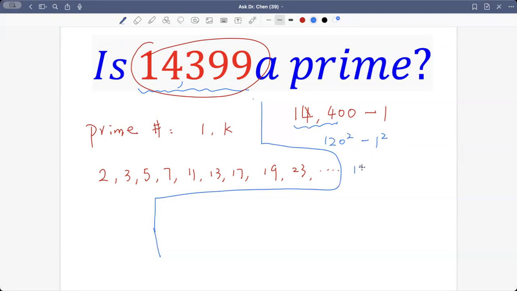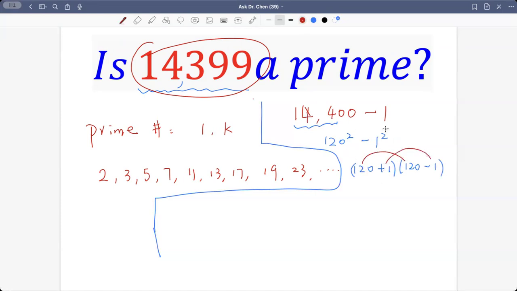The difference of two squares, we can write as 120 plus 1, and 120 minus 1, right? Remember, a squared minus b squared equals a plus b times a minus b. If we check, we multiply first with first, we get 14,400.